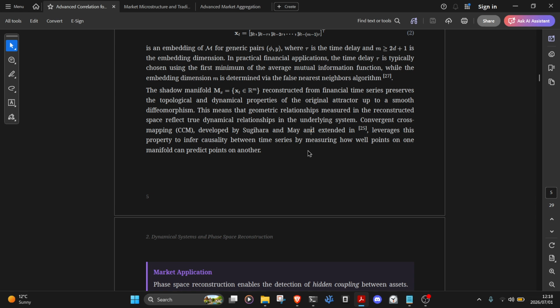Convergent cross mapping, CCM, developed by Sugihara and Nye, probably butchering your names, I'm sorry, and extended in reference 25, leverages this property to infer causality between time series by measuring how well points on one manifold can predict points on another. Market application: phase-space reconstruction enables the detection of hidden coupling between assets, because you can throw n-dimensional time series at these reconstructors, meaning you can throw 2, 3, 4, 5, 6 or n dimensions or time series at them.